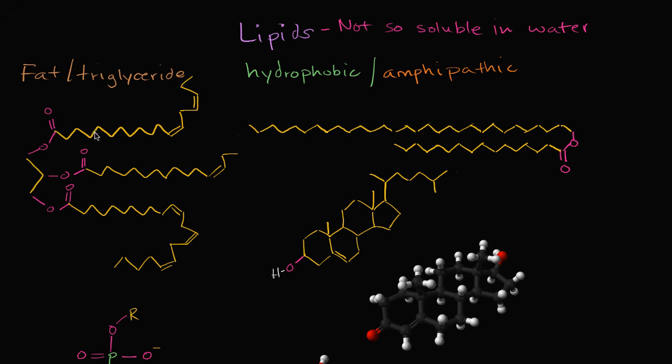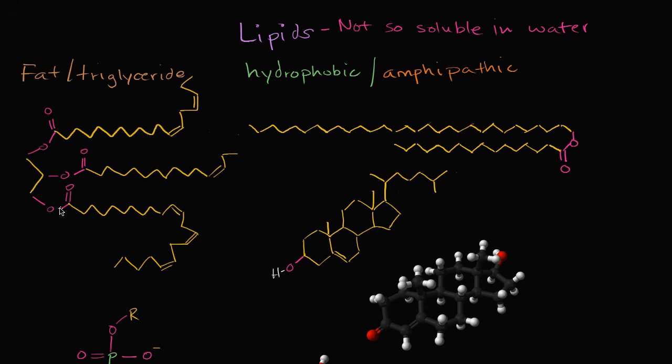When you look at fats, you have this long hydrocarbon chain. There aren't any obvious charges over here. In fact, oxygen is more electronegative, so you might have a partial negative at the oxygen, or maybe a partial positive end at the carbon.